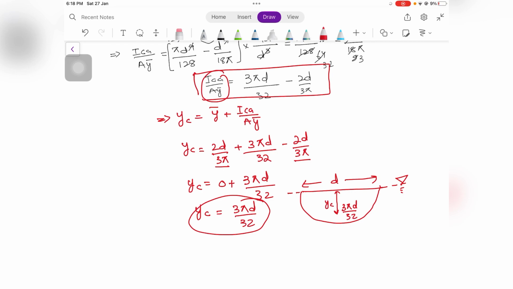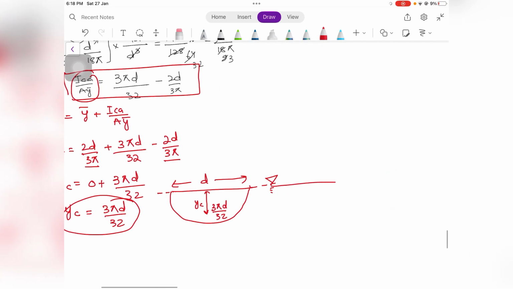All right, so to visualize it a little better, let us take a look at the side view of this immersed plate. This is the free surface. All right, let us say that this is the CG and this is the CP, or the depth of center of pressure.